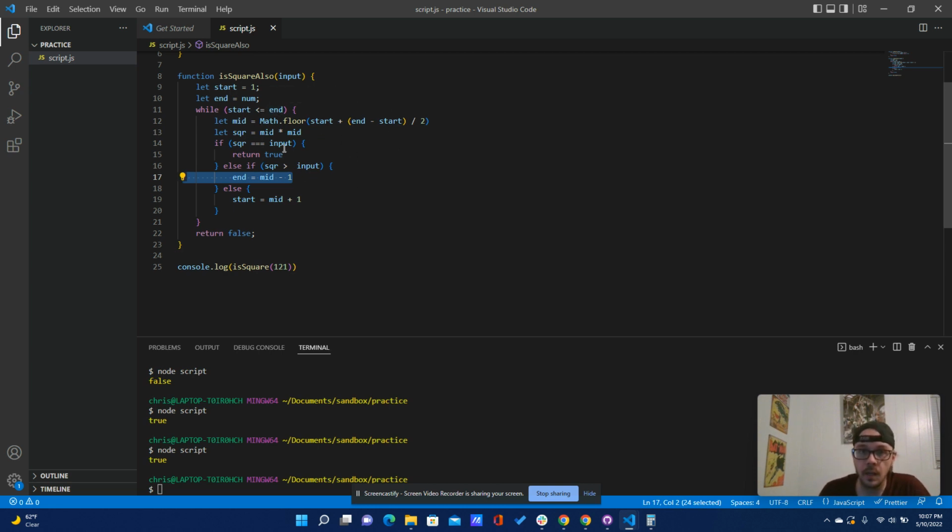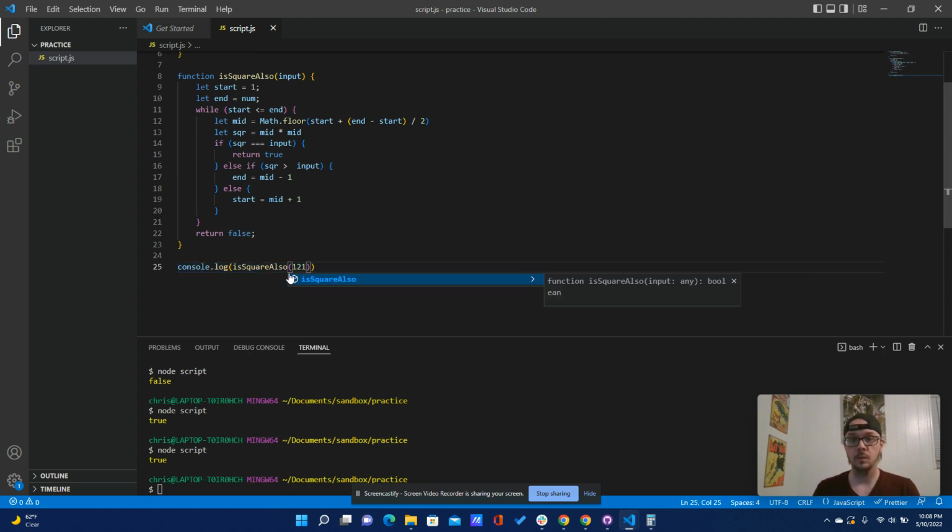And we're going to get 49. It's not going to be equal, and it's going to be less than 50. So now start is going to be 8 and end is going to be 7. So we're going to exit this loop, and isSquare is going to equal false.